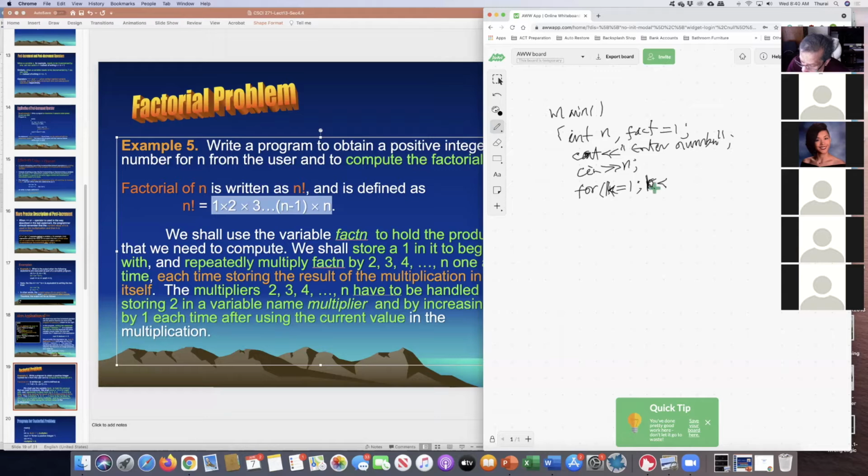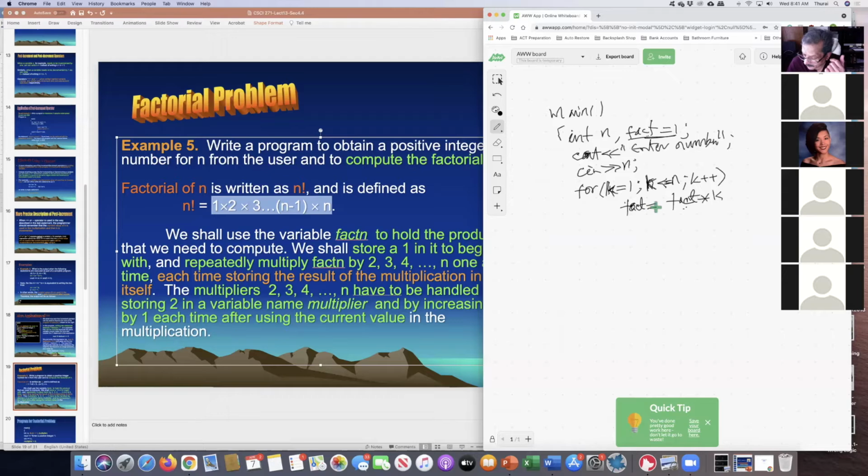K going from 1 to k less than or equal to n, all the way to n, k plus plus, incrementing k each time. All I need to do is multiply fact by k, I'm sorry. The k is initially 1, so 1 times fact is initially 1 up here. So 1 times 1 goes back into fact.